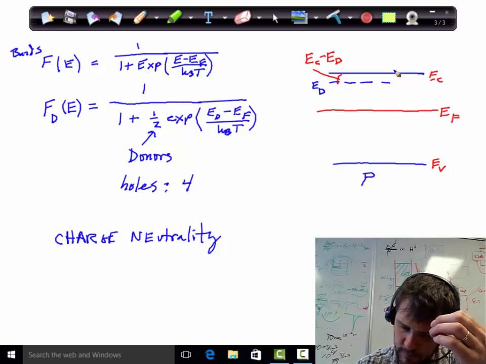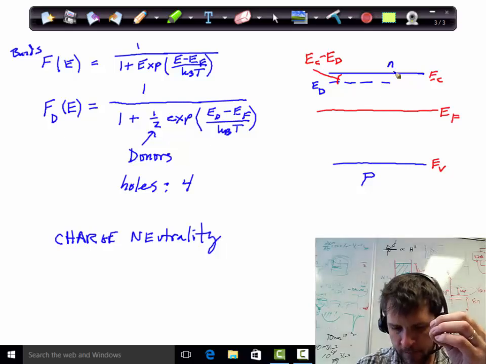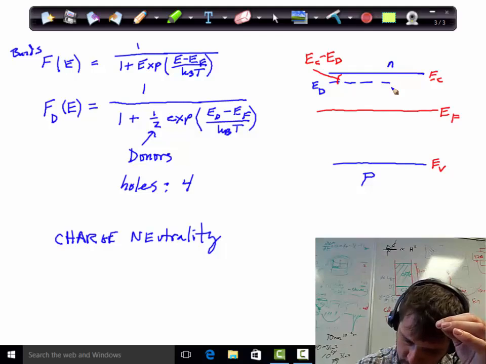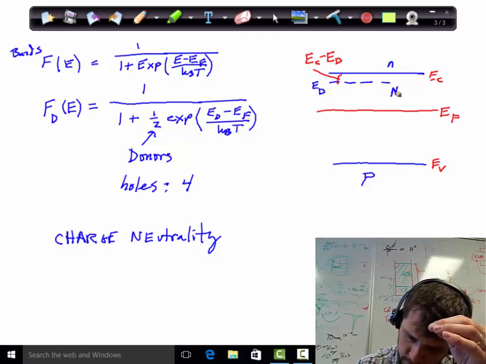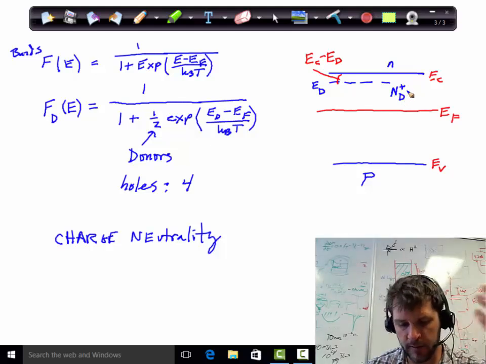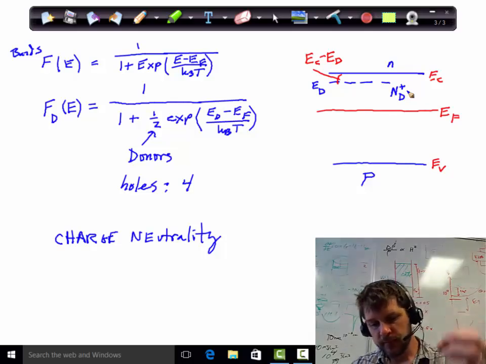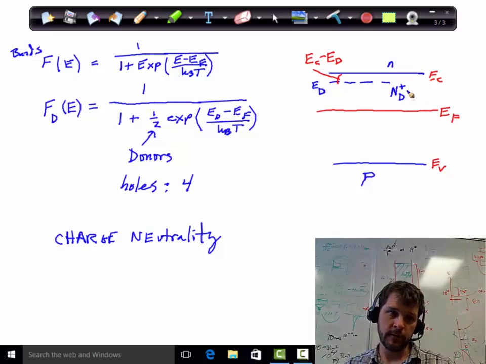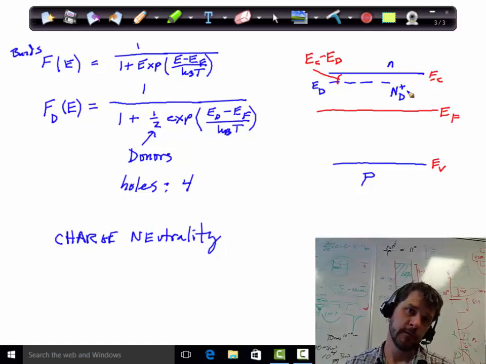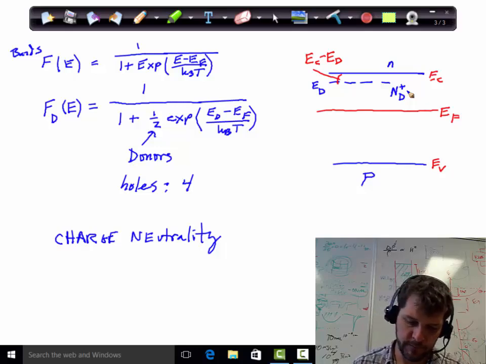There's going to be some electrons in the conduction band. And then there's going to be a third charged entity in the system, and that is the ionized impurities, or the ionized donors. So if you put in a quantity Nd donors at any arbitrary temperature, some fraction of them will be ionized. It turns out at room temperature you can basically assume that's 100%, but if you go down in temperature, that is no longer a safe assumption.